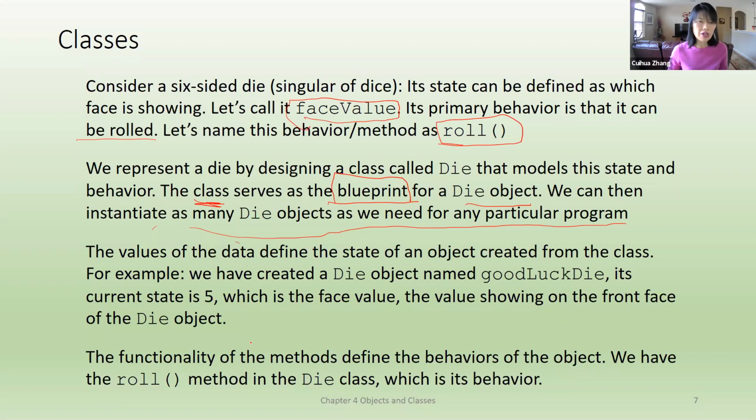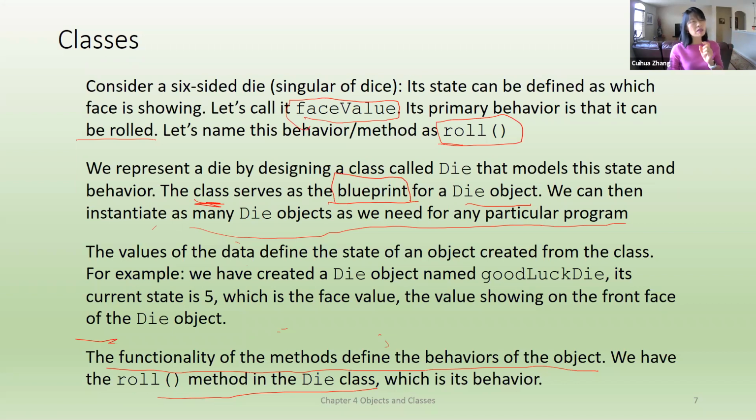Okay. The functionality of the methods defines the behaviors of the object. We have the roll method in the die class, which is its behavior. That's the die class. So if you don't look at this slide, you just think about a die. What must we know for a functional die?